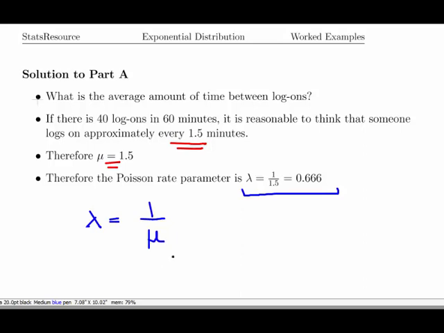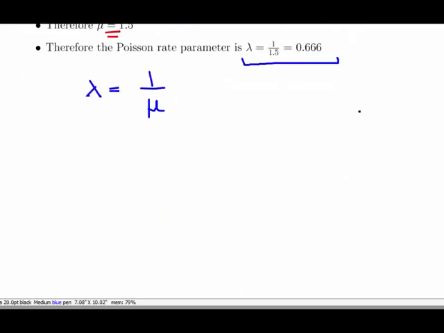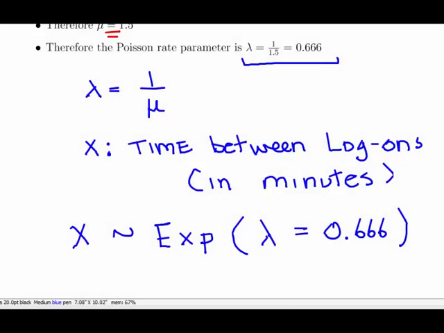Where x is the time between logons. Really you should put out more of a sentence than I'm about to do. I took a brief pause there just to fix my pen.